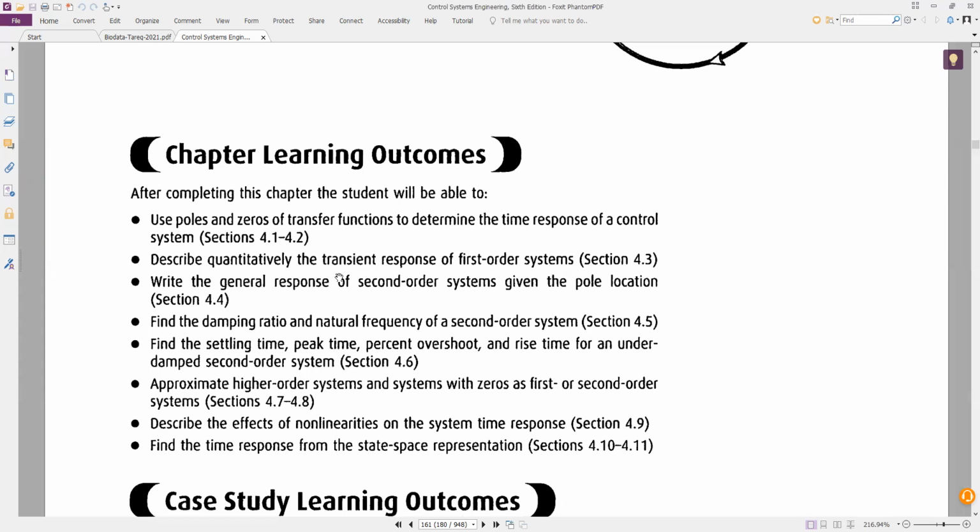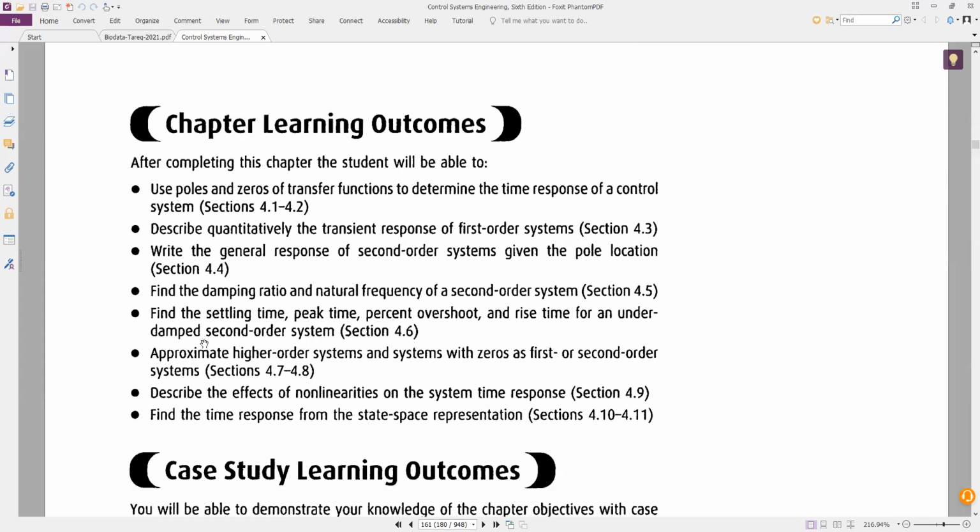Describe quantitatively the transient response of the first order system and general response of second order systems given the pole location, and find the damping ratio, natural frequency, settling time, peak time, and overshoot, and approximate higher order systems and systems with zeros as first or second order systems. Up to these things you will understand.